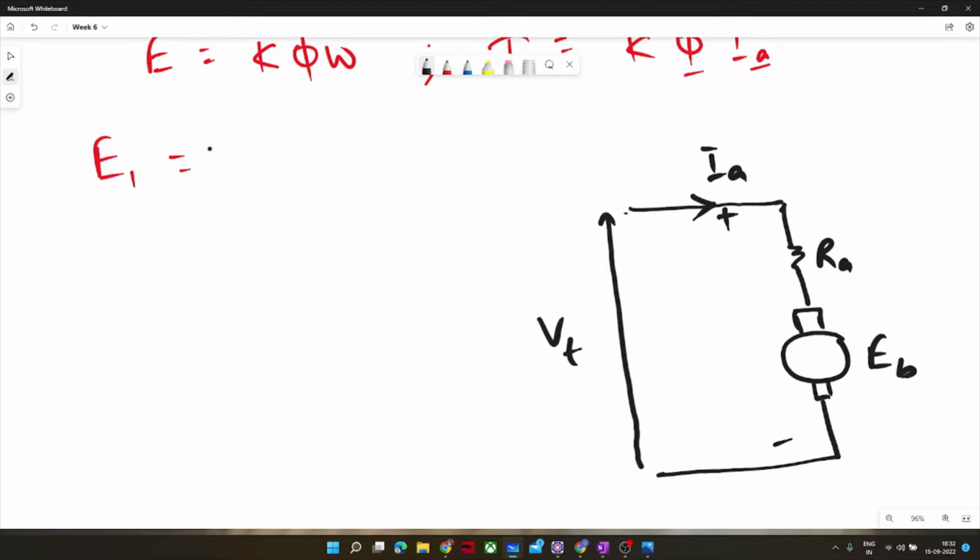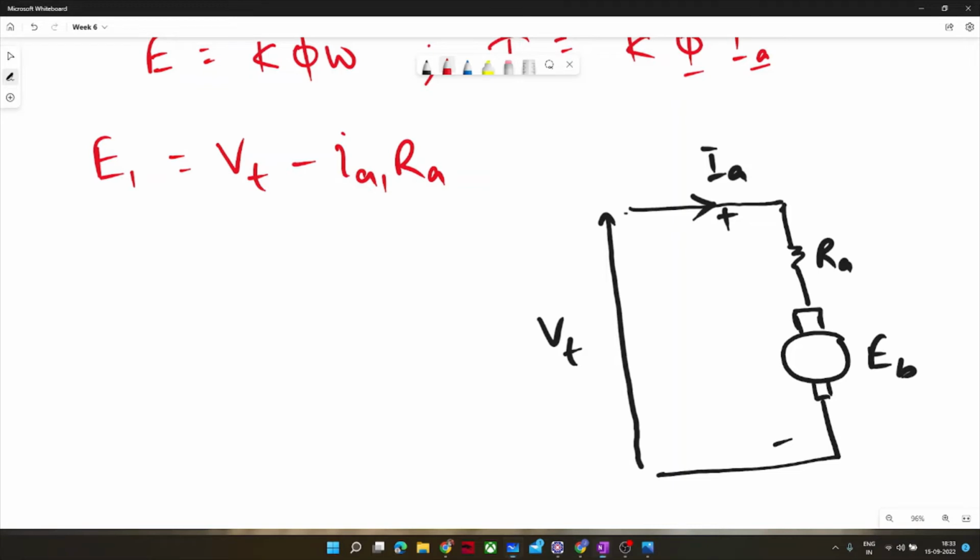You would appreciate that what I am saying is correct. VT is armature voltage. Once I finish this problem, you see, okay? Then if any doubt is there, you can ask. Fine? So E1 would be VT minus IA1 RA, because what would be the current flowing in the first case?